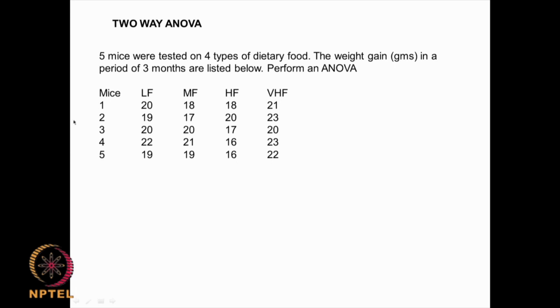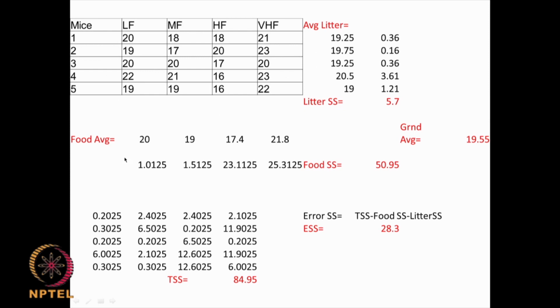So, one could be based on the type of food, whether it is low fiber, medium fiber, high fiber, or very high fiber, or the other based on the litter from which the mouse has come. Is there going to be a difference in type of food? Is there going to be a difference in the litter from which the mouse has come? So, we have 2 different situations, we will call it 2-way ANOVA.